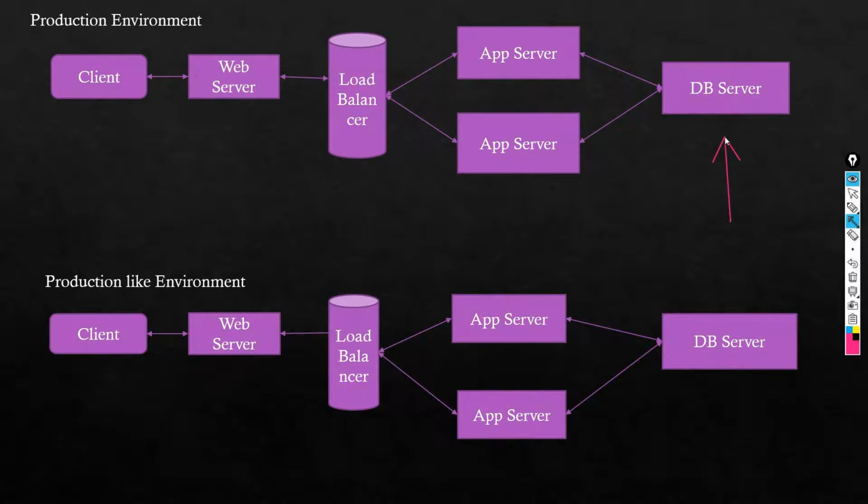Now what is this app server, or the application server? The application server is the place where all the business logic, or the application code, resides. The developer writes some code, and that code is placed in this application server. The entire logic is handled here: how the application should respond.